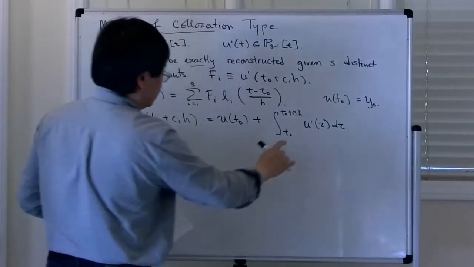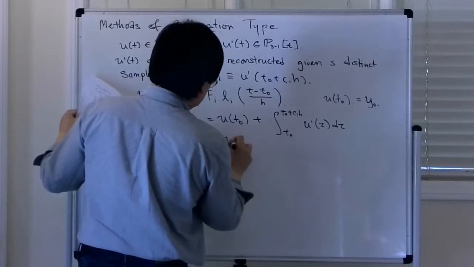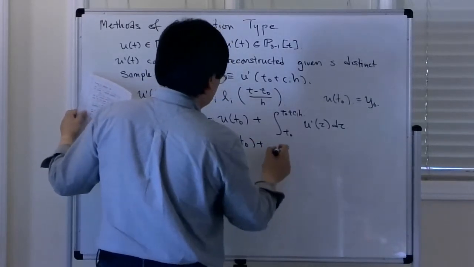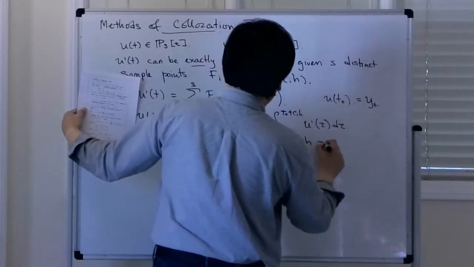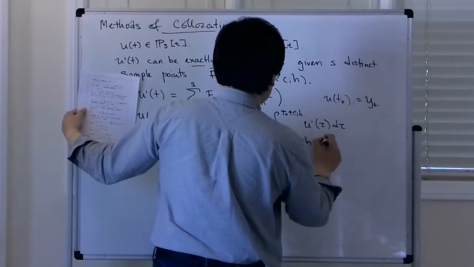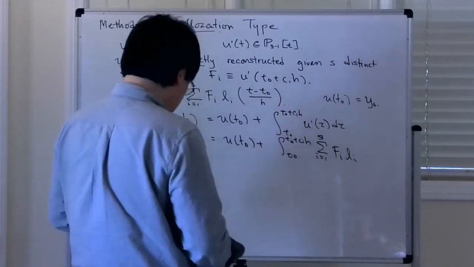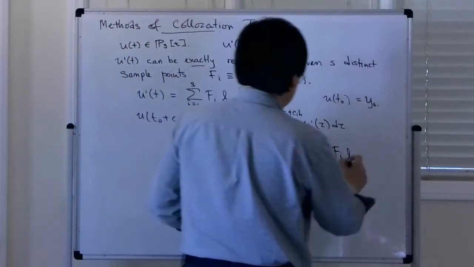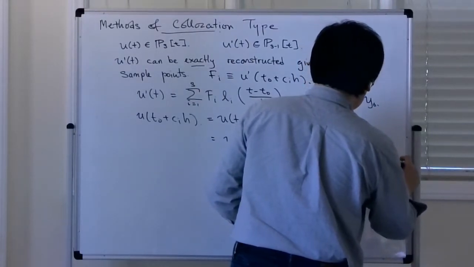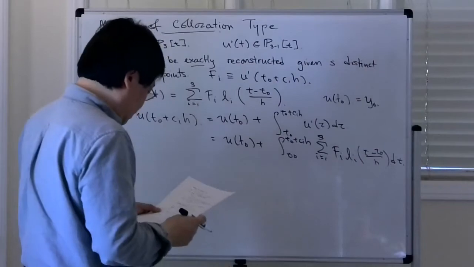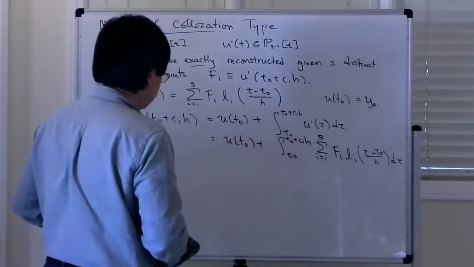And again, I replace u prime using the Lagrange interpolating polynomial. So this is u of t0 plus the integral from t0 to t0 plus ci h, sum from i equals 1 to s of fi, the Lagrange polynomial, t minus t0 over h, dt. And what you can do then is a change of variables.